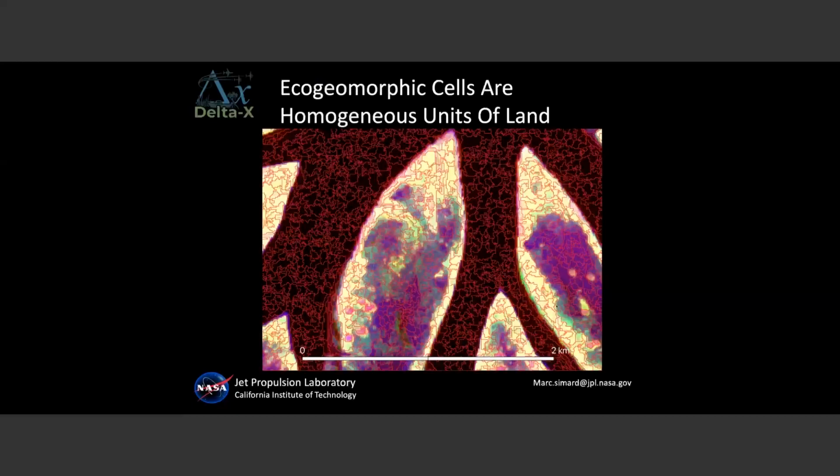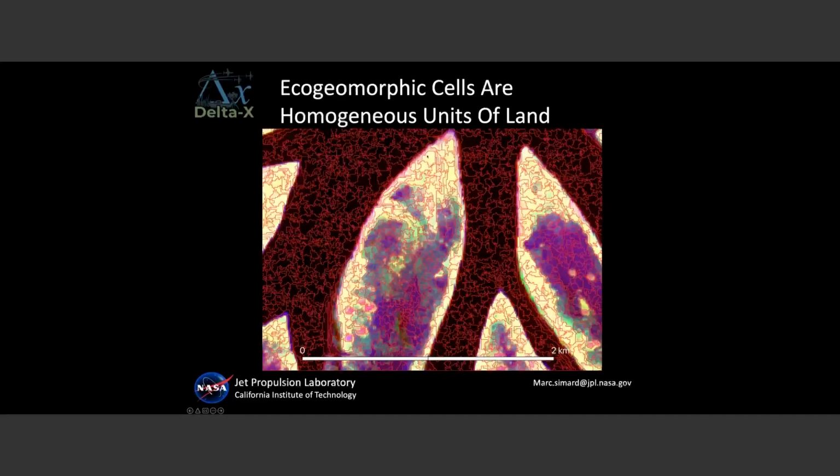So we call them the EcoGeomorphic cells. And these basically, each of these cells that you see here, these segments, represent homogeneous patches of land in terms of vegetation type, structure, and bathymetry. Because bathymetry does control vegetation. So vegetation is telling us something about bathymetry.